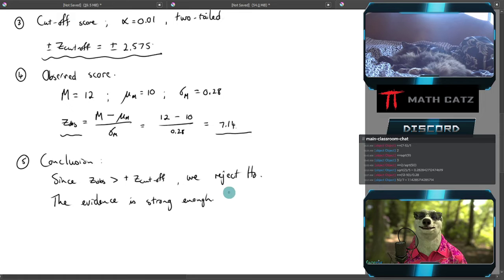That's why we have a cutoff, to know when our observed value is rare and extreme enough. That's the whole point of the cutoff.